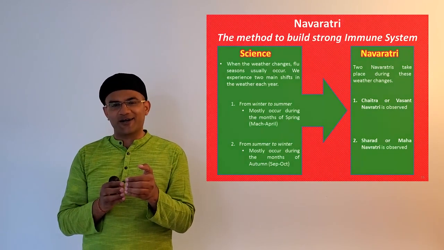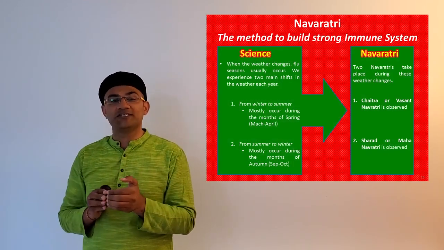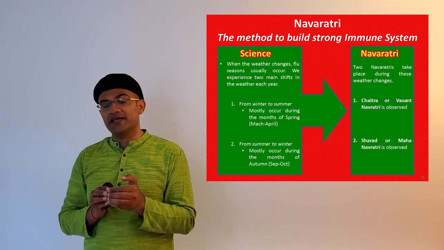Now try to understand what the science is and how Navaratri is linked to it. So when you look at the science side of what is happening, Mother Nature is changing its transitions. So the 4 Navaratris are well aligned with the 4 seasonal changes. What happens when Mother Nature is changing seasons? Flu seasons usually occur. We experience 2 flu seasons mainly in a year.